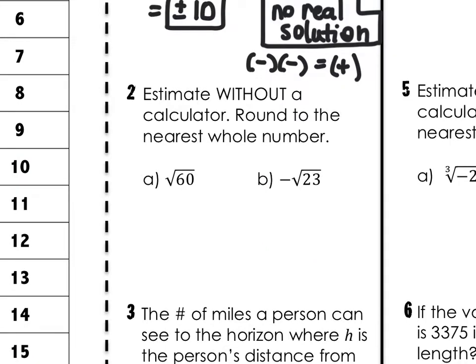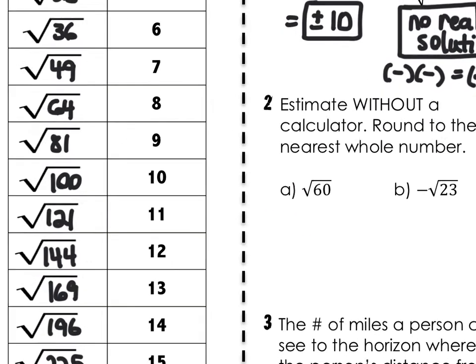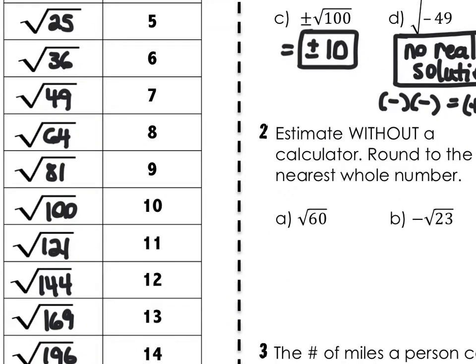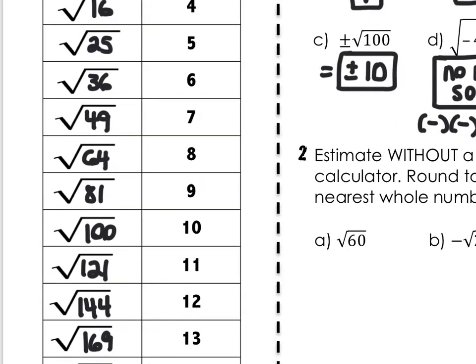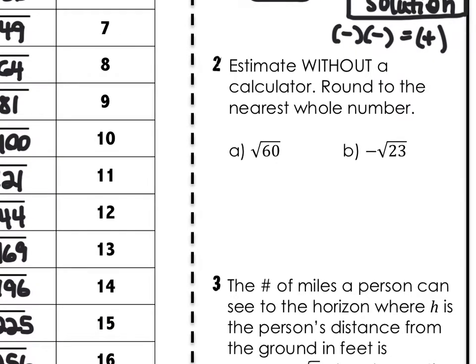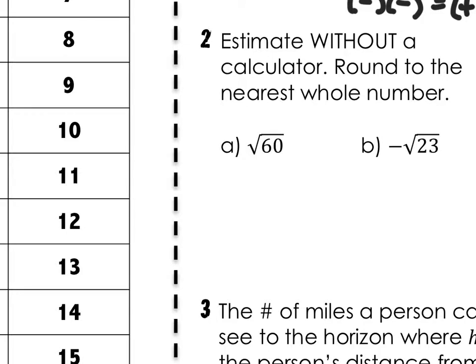Let's take a look at example 2. So for problem 2, it says estimate without a calculator, round to the nearest whole number. So to estimate these radical signs, radical 60, you'll notice that it's not on our table. So how do we find it if it's not a perfect square? We look at the two numbers that 60 falls in between, which is 49 and 64. So the way I want you to show your work is I want you to draw these branches going out like this.